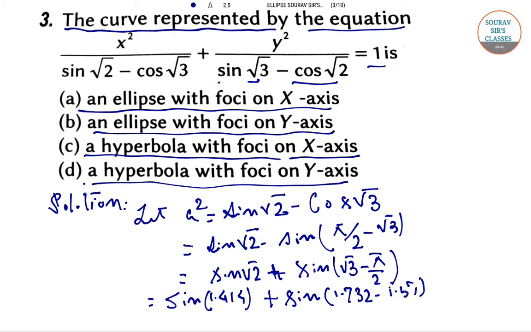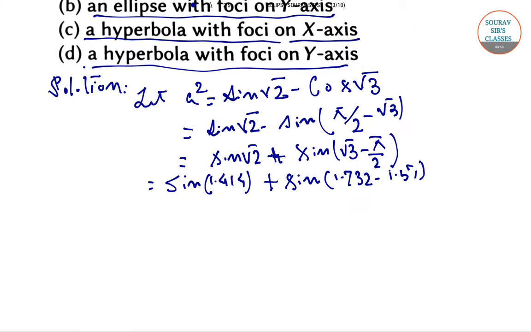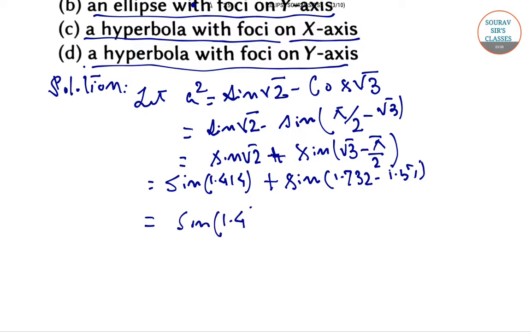If we go ahead and solve the problem, we have sine 1.4 plus sine 0.16, and that is always greater than 0.